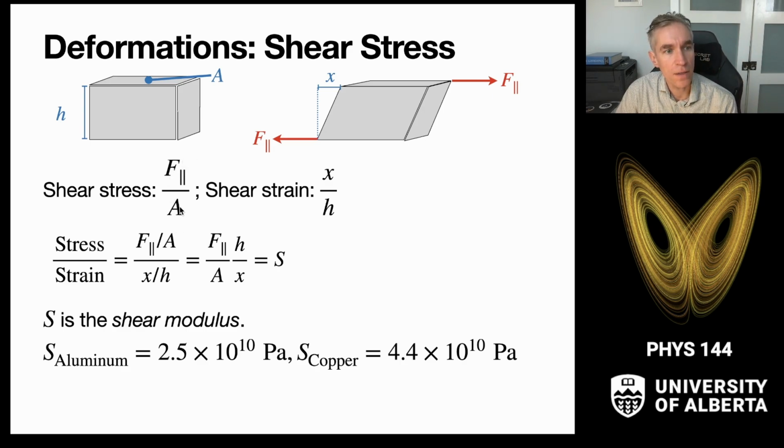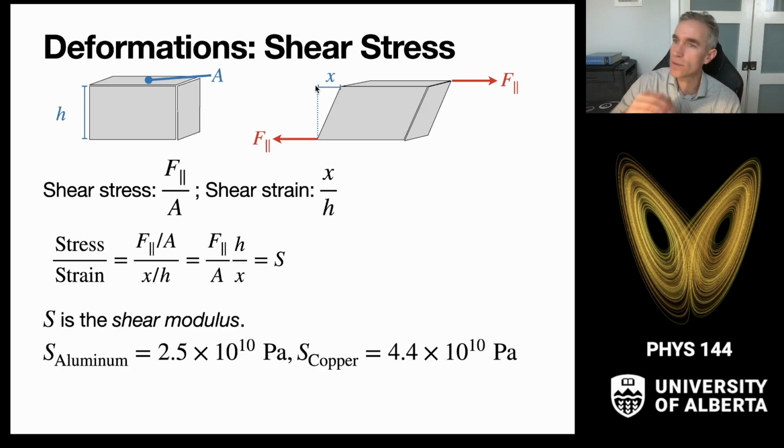So F parallel over A, the force applied to the top area. And it's going to result in a shear strain, which is measured as the horizontal displacement x divided by the height of the object. And so that's going to give you the resulting strain.